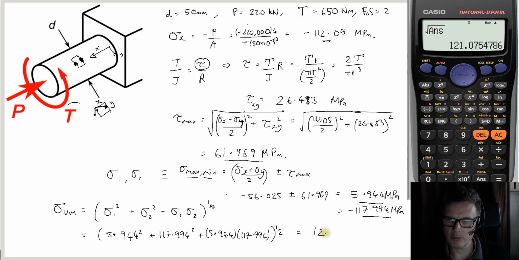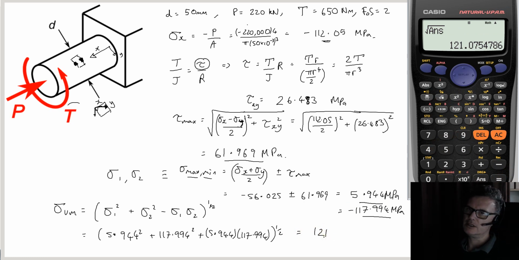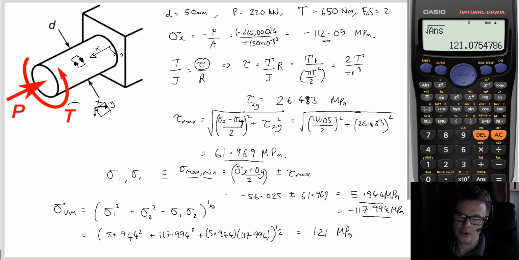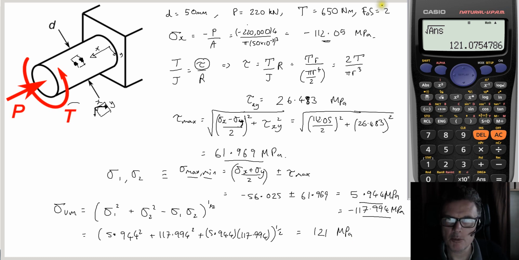So that would tell me, if I was analyzing this thing and trying to pull it apart, doing a standard tensile test, I'd be interested in finding out what the yield stress is, and is it less than the 121 megapascals from my experiments. But because I'm applying a factor of safety of 2, my von Mises stress is going to be the maximum stress I can apply.